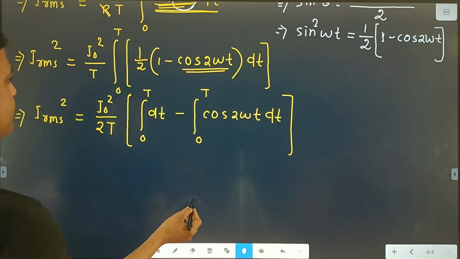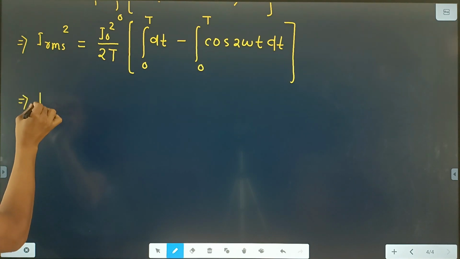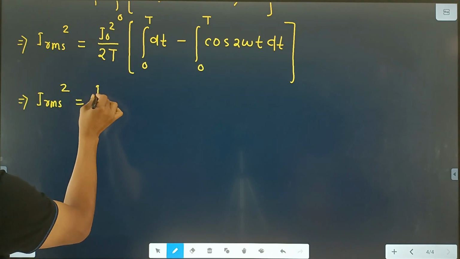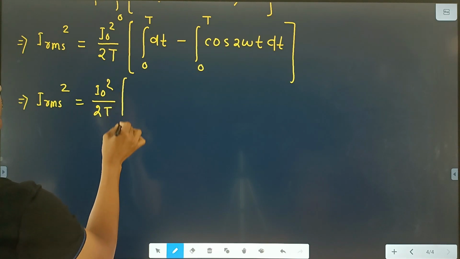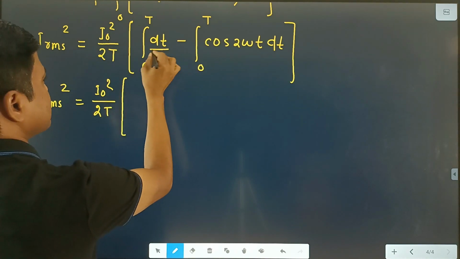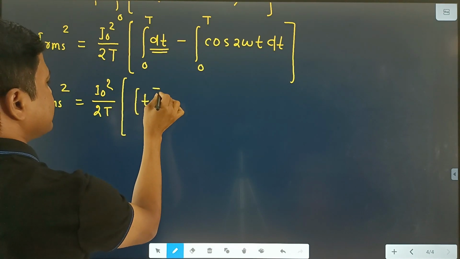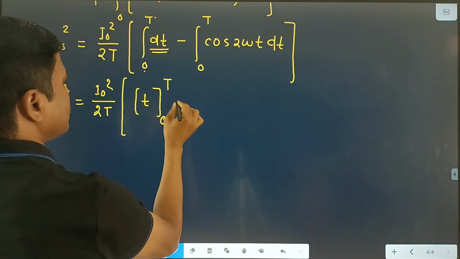That implies IRMS square is equal to I0 square divided by twice of T multiplied by the integration of dt, that is small t, and t varies from 0 to T, that means lower limit is 0, upper limit is T, minus.